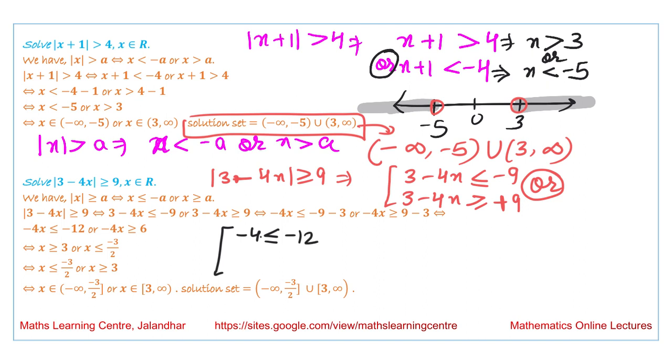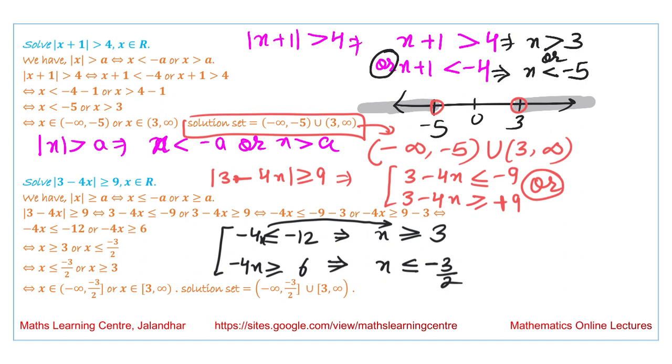Second will give us minus 4x is greater than equal to 6. This implies if we divide it with minus 4, this will give us x is greater than equal to 3, this sign is reversed over here because we are dividing it with minus 4. When we divide it with minus 4, we get x is less than equal to minus 3 by 2.